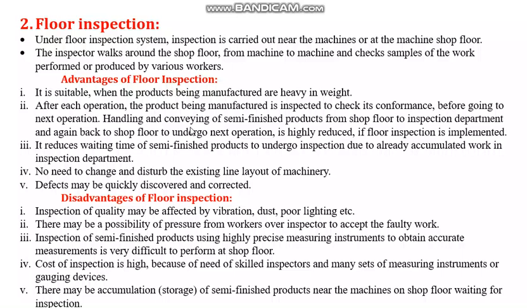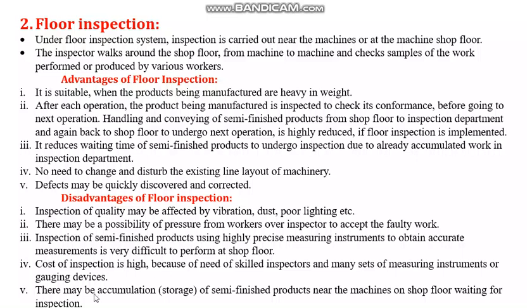Handling and conveying of semi-finished products: if very heavy, with the hand you cannot do it, so we will be using overhead conveyors, belt conveyors, screw conveyors, or chain conveyors, so that these heavy items can be moved.